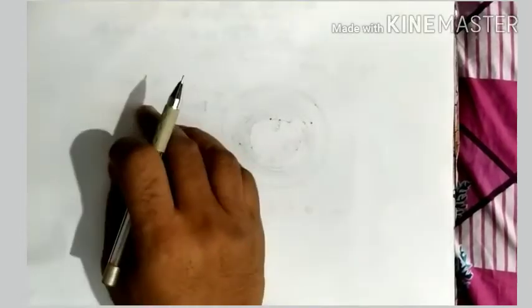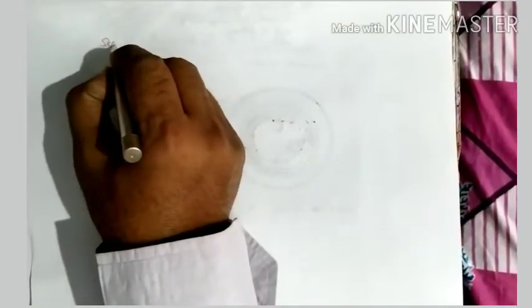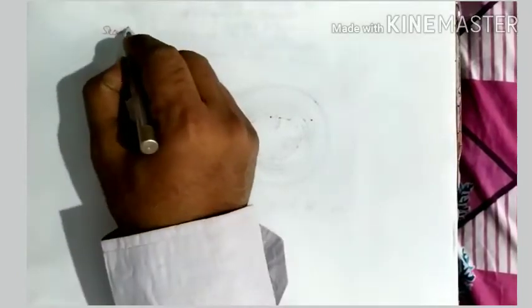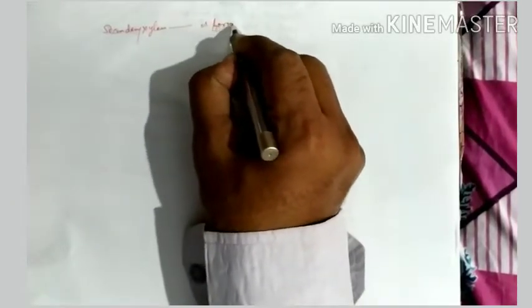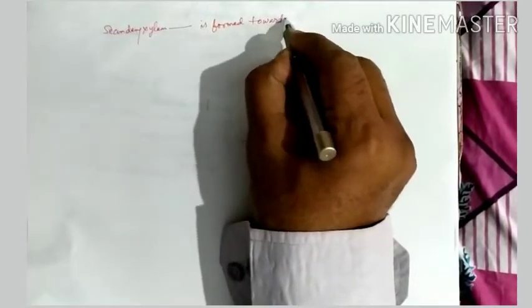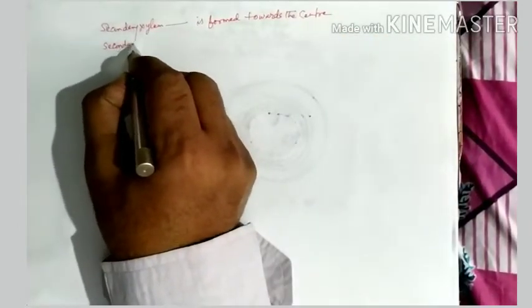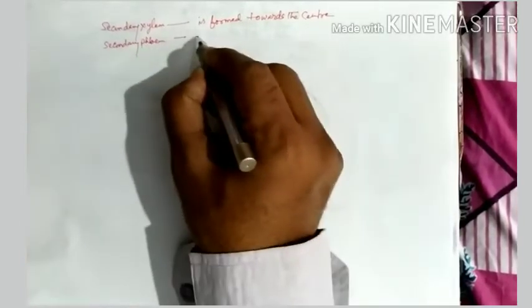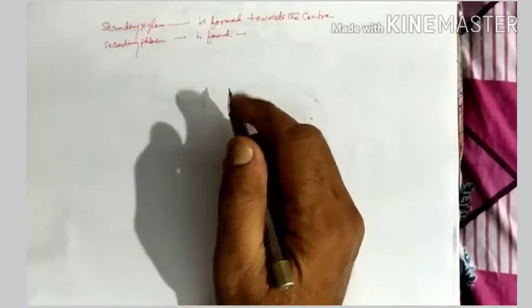The secondary xylem is formed towards the center, and the secondary phloem is formed towards the pericycle.